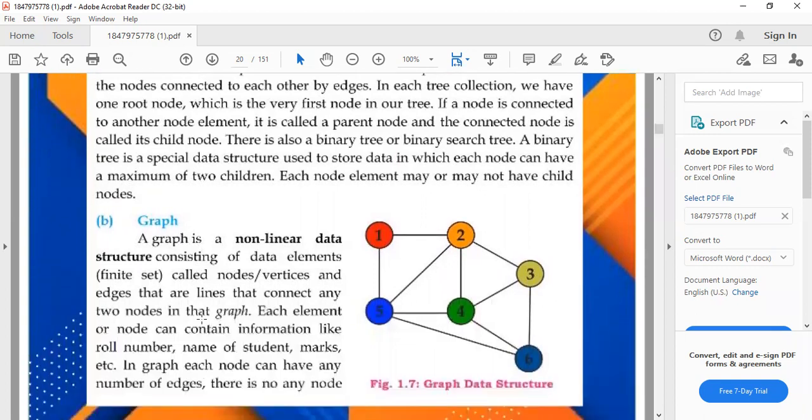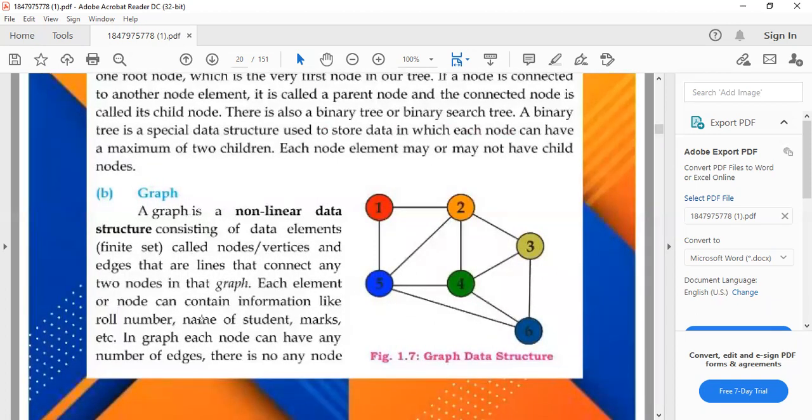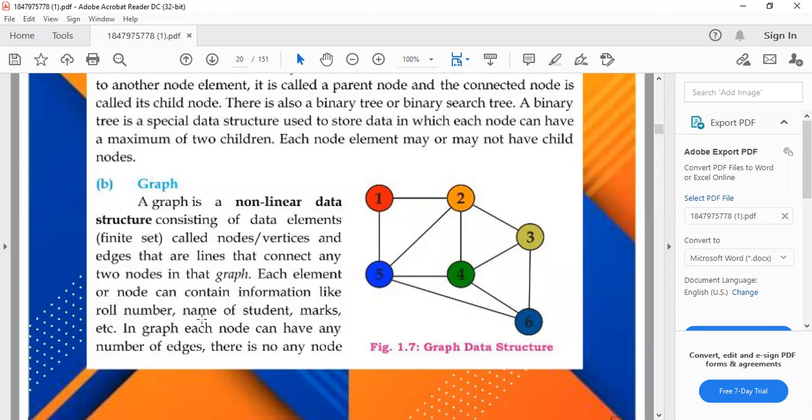Okay, and now there is this graph representation. A graph is a non-linear data structure consisting of data elements, finite sets called nodes or vertices, and edges that are lines that connect any two nodes in that graph. So you can see that this is again the non-linear structure where the data elements are in finite sets rather than an infinite state.